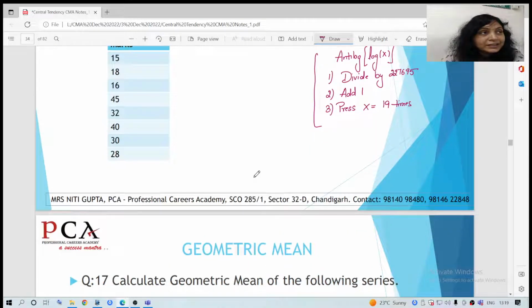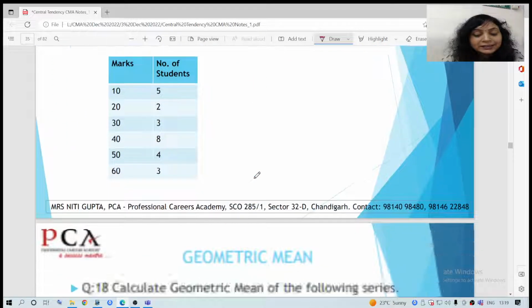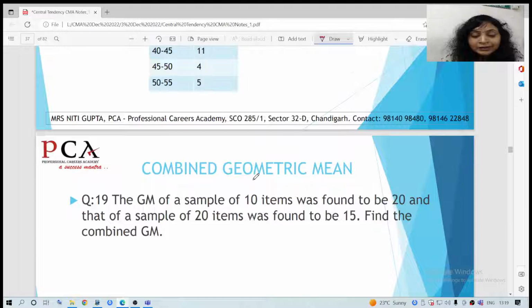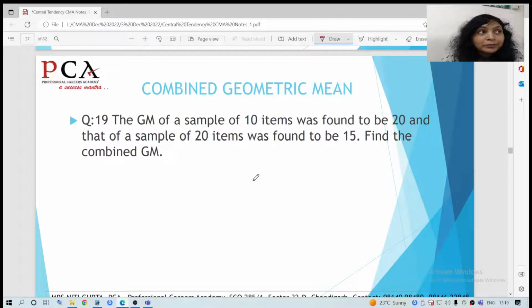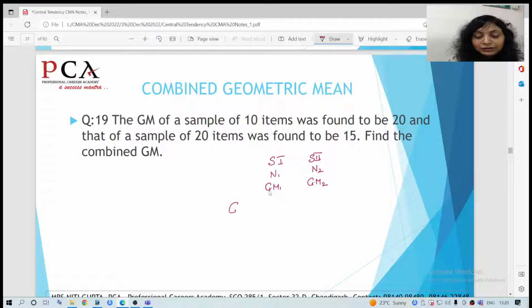So we have discussed questions of individual, discrete and continuous. Next concept I have explained is combined geometric mean. Like if we have series 1 and series 2, we have been given number of items of series 1 and 2. We have been given geometric mean of series 1 and 2, and we have to find out the combined geometric mean of both the series.